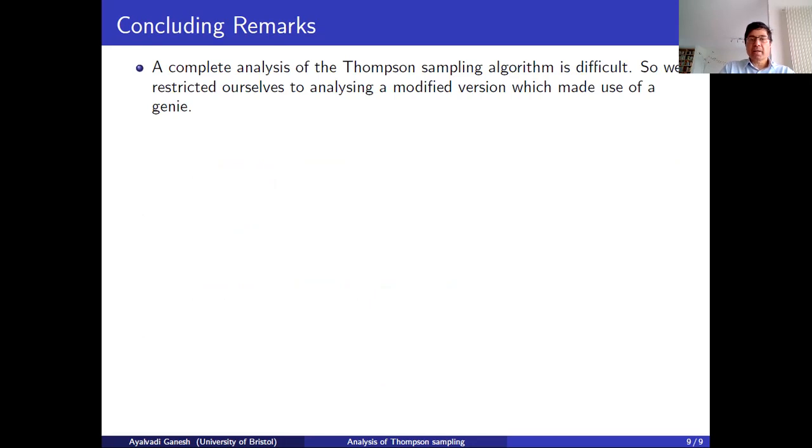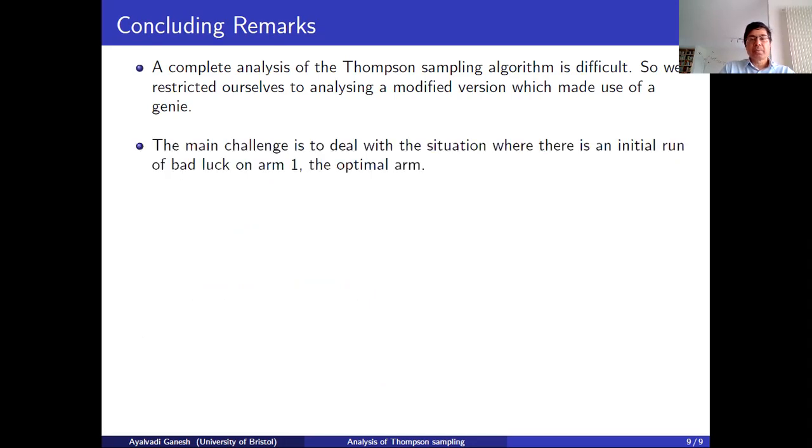And to simplify the analysis, okay, so what is the main difficulty in the analysis? So we got a simplified version where we only wanted to bound the number of times a suboptimal arm is played. And that's relatively easier to do because we condition on this: if for whatever reason to do with history, the suboptimal arm is not played many times, we are fine.